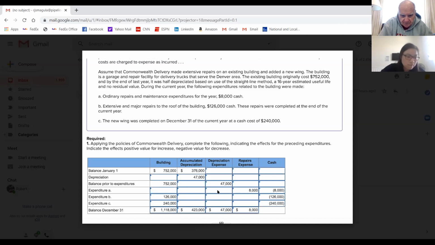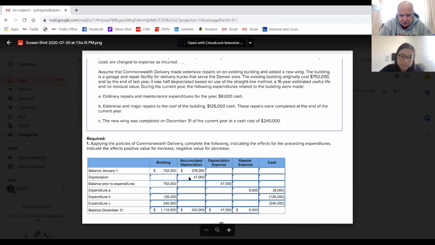Yeah, I hate these. Beginning. This is your depreciation expense, right? And that's the 752 divided by 16 years. Okay, that's 752 divided by 16, right? Yeah. So your accumulated depreciation goes up.